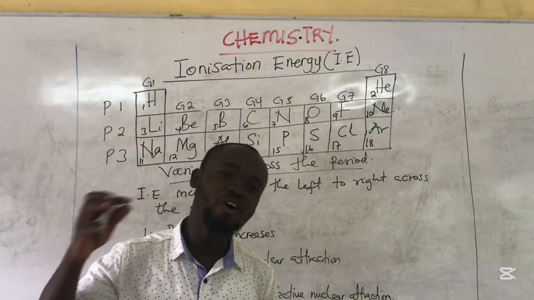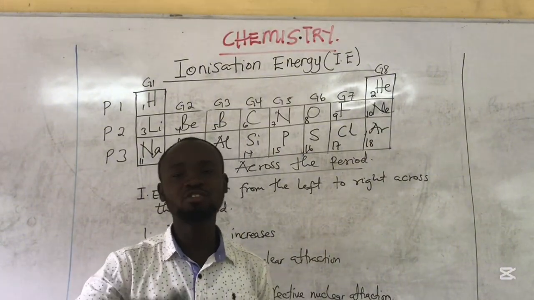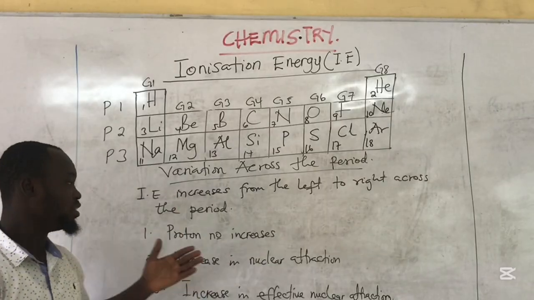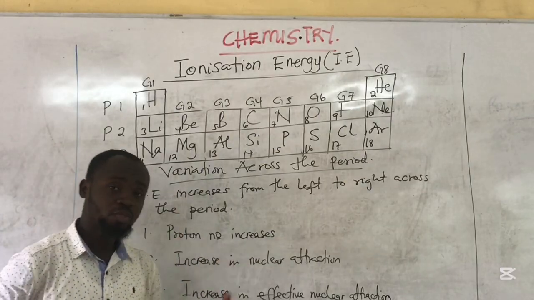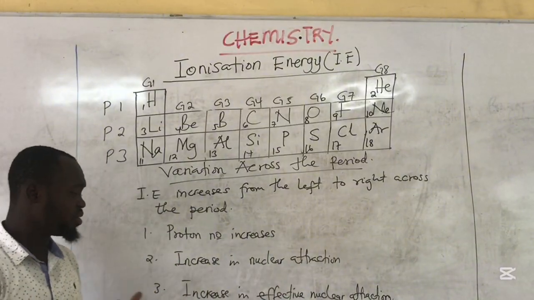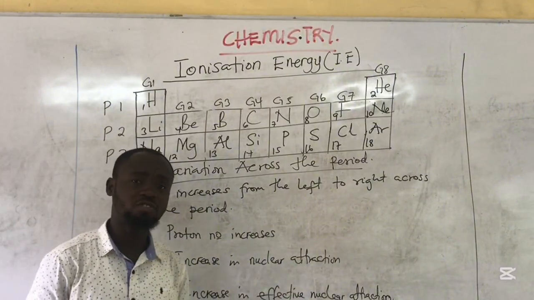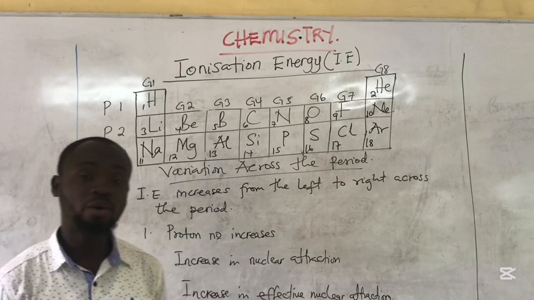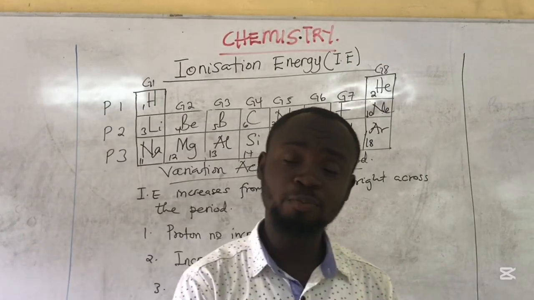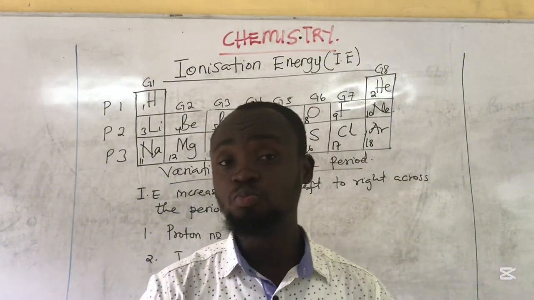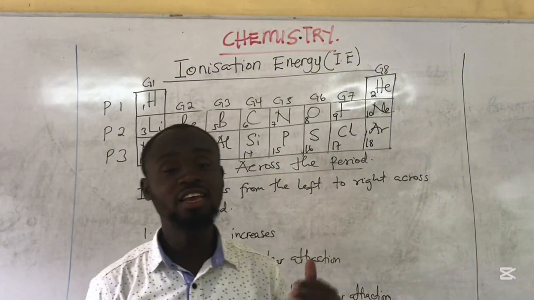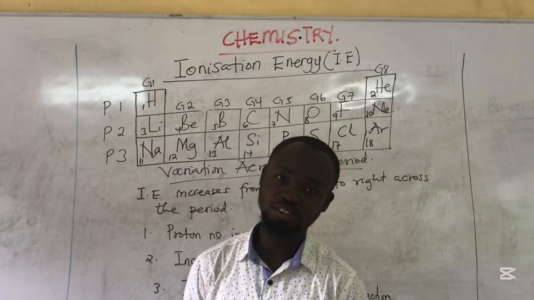So therefore, more energy will be required to remove an electron in moving from the left-hand side to the right-hand side due to proton number increase, which increases the nuclear attraction. The nuclear attraction increases the effective nuclear attraction for the valence electron, thereby requiring more energy to overcome, first of all, the proton attraction to remove that electron. Is that okay? So ionization energy increases across the period.